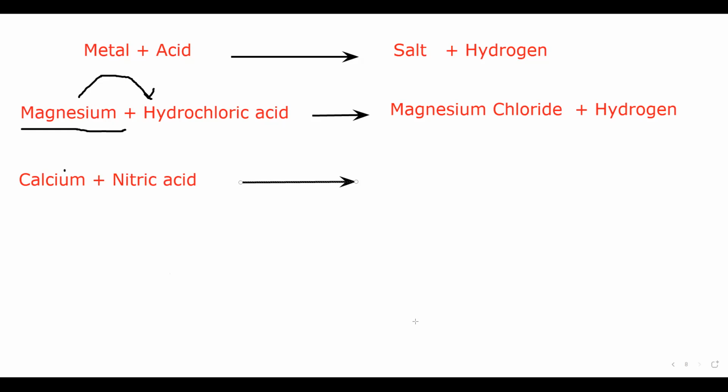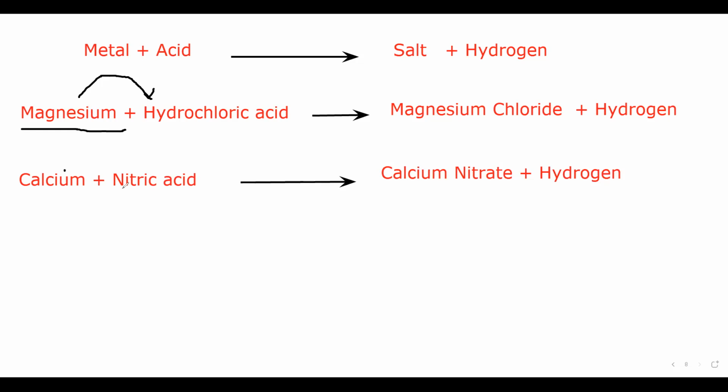So calcium plus nitric acid will produce calcium nitrate plus hydrogen. Hydrogen will always be there when a metal is reacting with acid.